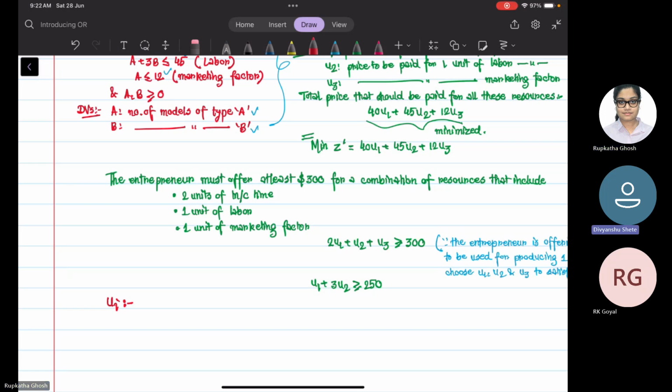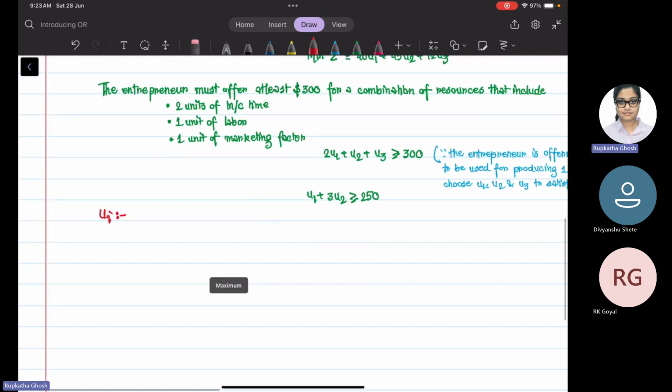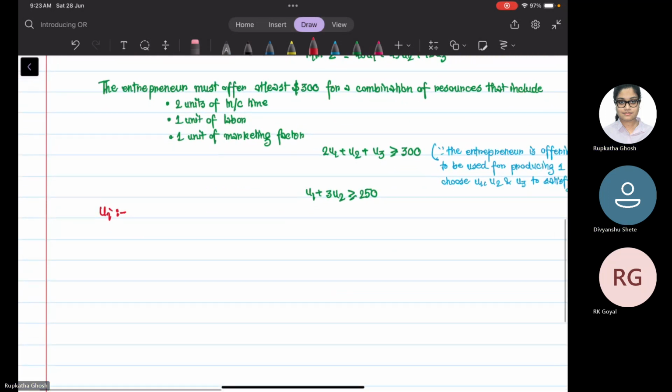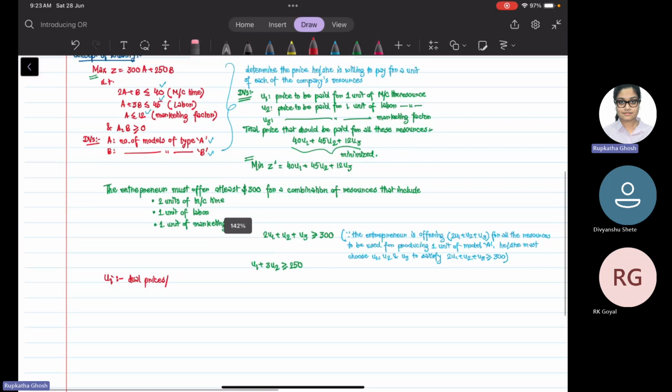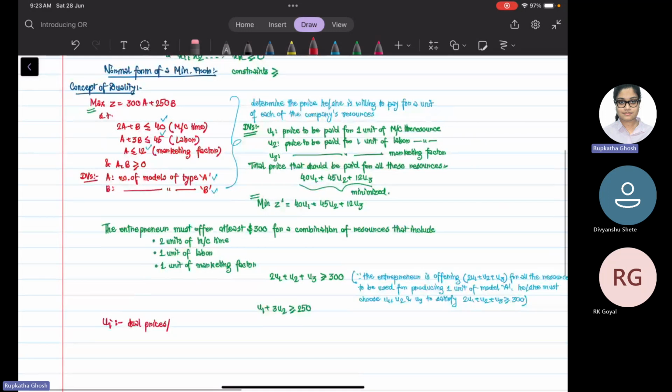Rate of change of objective function for every unit increase or decrease in the RHS of a constraint. Exactly. So these values are nothing but they correspond to the dual price. They are basically dual prices. Because if you see here also, we are trying to measure what is the change in the objective function for a unit increase or decrease in the right hand side of your primal.